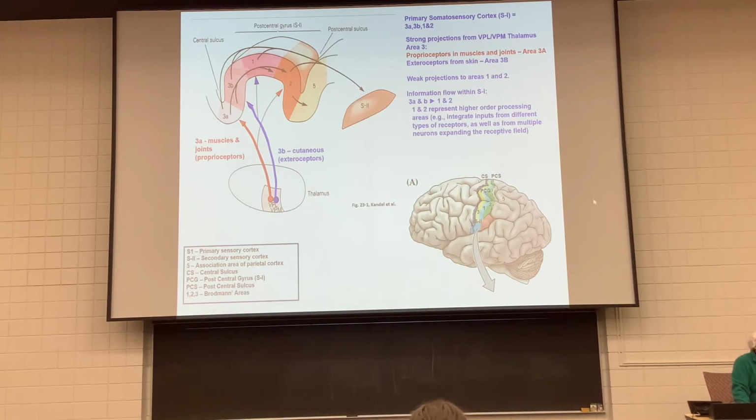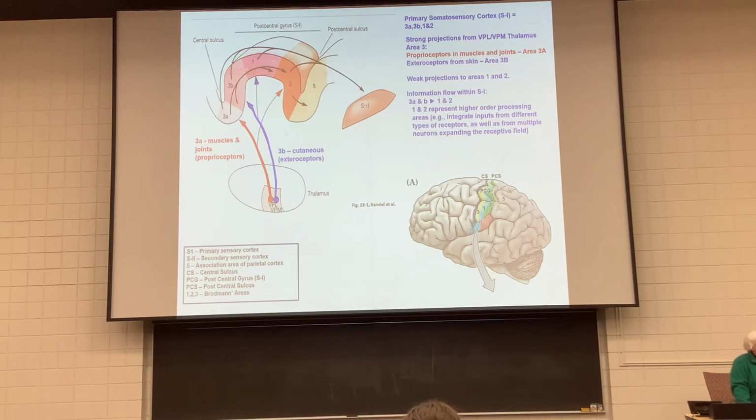And what we're going to see is that as we flow from 3A and 3B, let's just say with 3B, 3B is receiving the important information as to location of an input and intensity. Without 3A, you cannot localize an input.